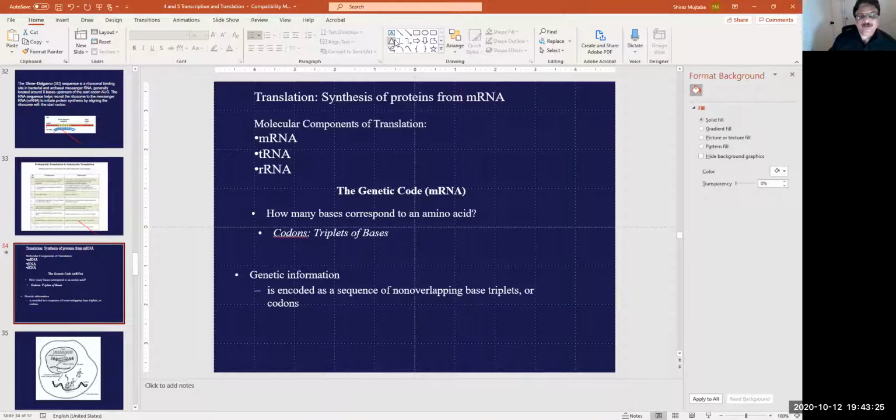The essential players are mRNA, tRNA, and rRNA, plus ribosomes, and there are many factors that are involved, right? But essentially, this is a well-managed orchestration of great work on the surface of the ribosome, right?